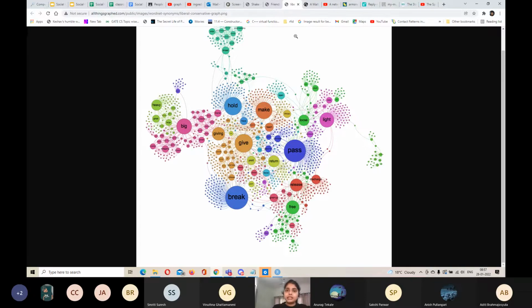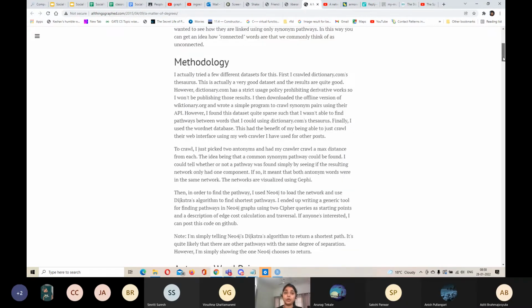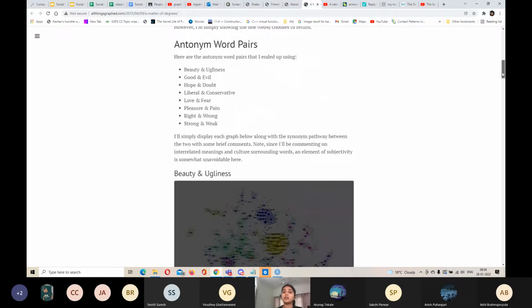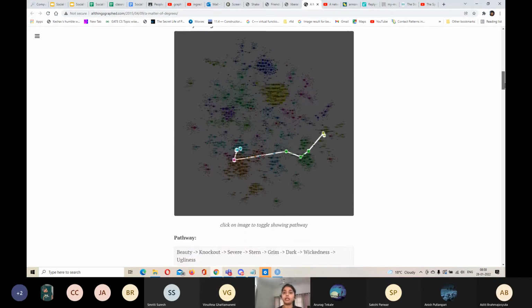So there is another interesting piece of work, and like Aditi says, it's not necessarily true. Look at what these people have done: they have taken antonyms instead of synonyms. They take beautiful and ugly, beauty and ugliness, and you see there is a long path between them in the synonymy network.